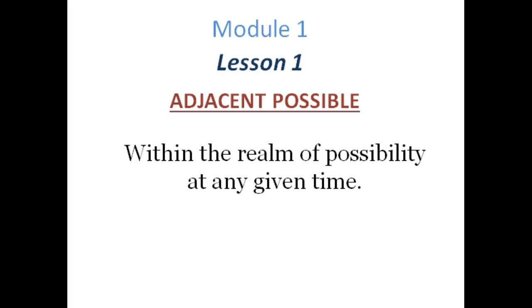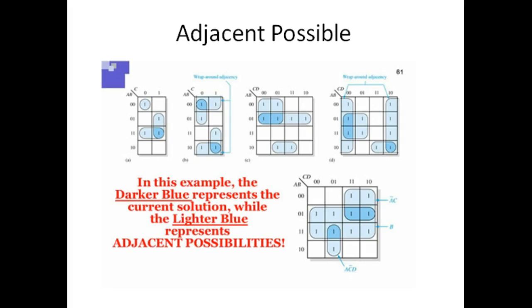Simply said, the theory of adjacent possible states that the best new ideas come from combining prior ideas in new ways. On this slide, we have an example of adjacent possible whereby the blue circles represent the current solution while the lighter blue circles represent the adjacent possibilities.